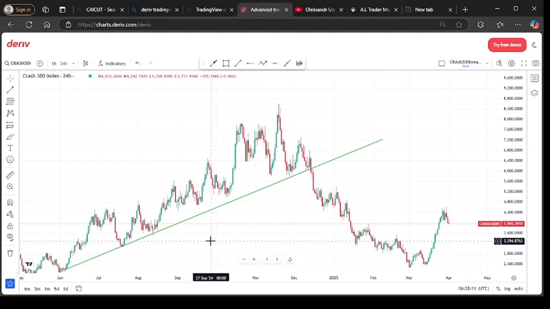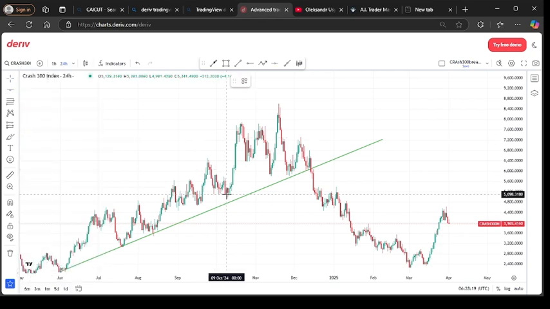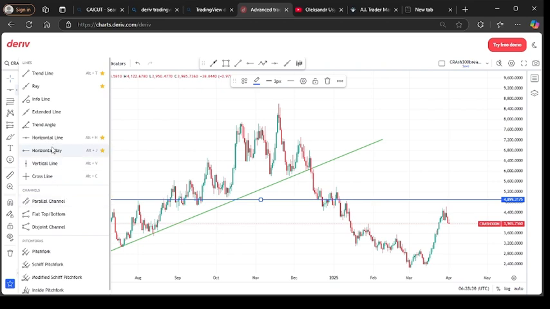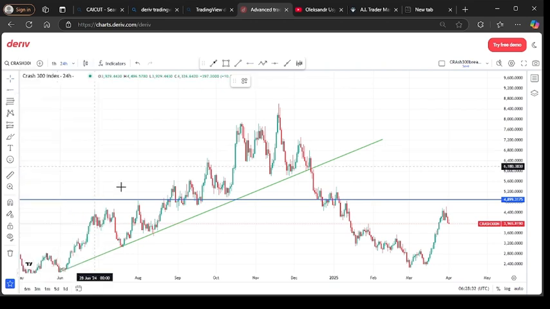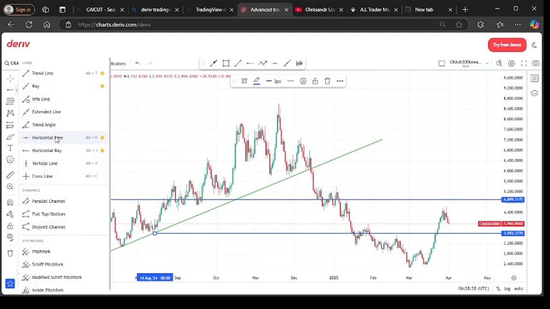What you are supposed to do first is to come on your trend line and draw horizontal lines at each place where the price had come close to the trend line, like this.